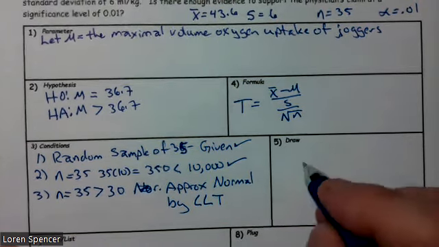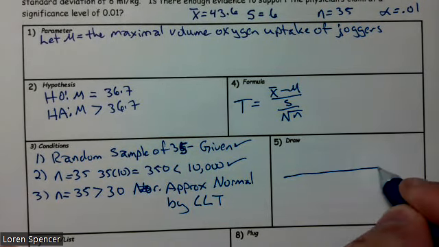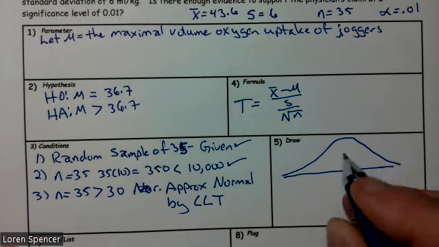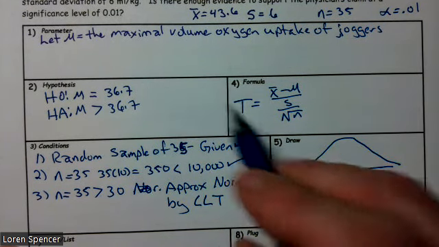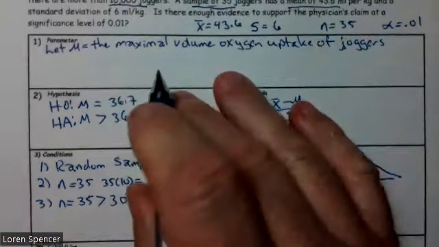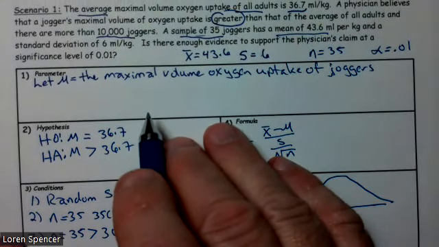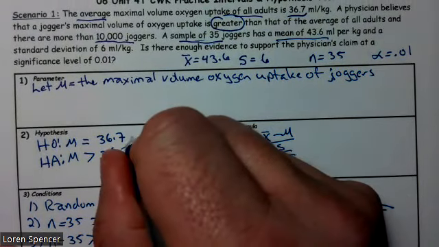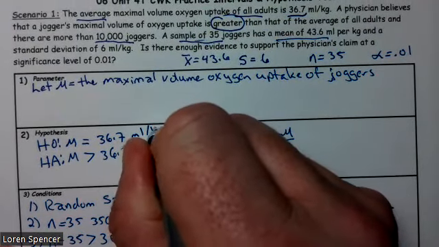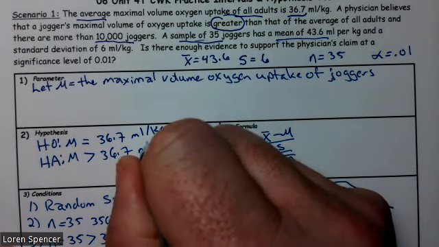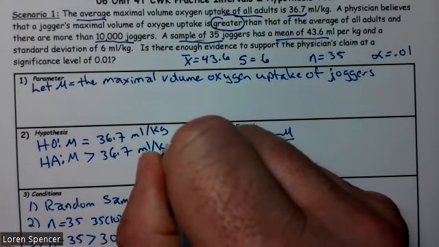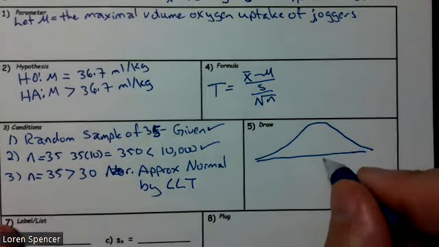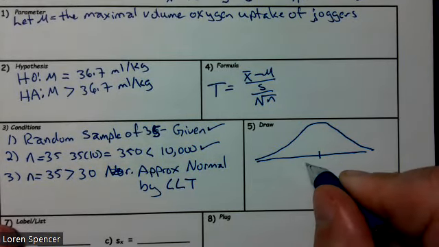All right, if I'm drawing a picture, here's what I have. I have a population mean, and the population mean is 36.7. And by the way, I should have labeled these. Can't just put a number out there. 36.7 milliliters per kg. So here we have, this is what we expect.